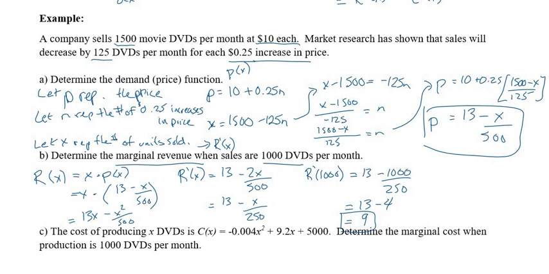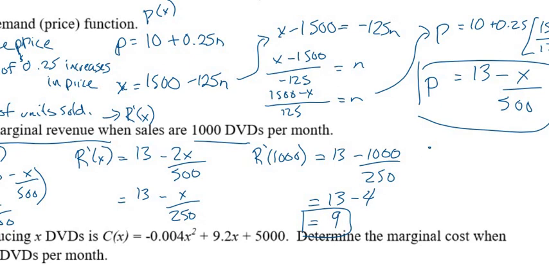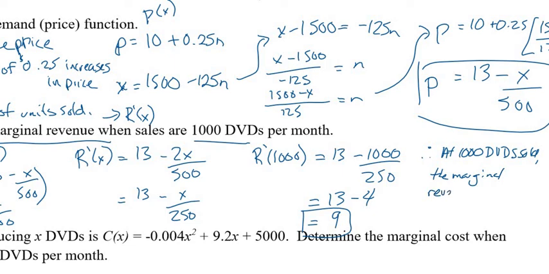Lastly, let's put a therefore statement. Therefore, at 1,000 DVDs sold, the marginal revenue is $9 per DVD.